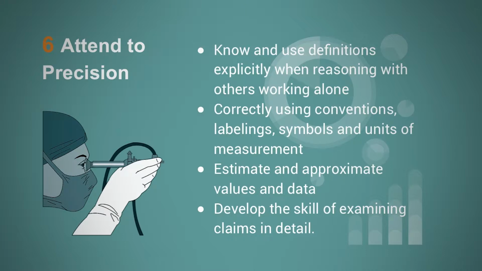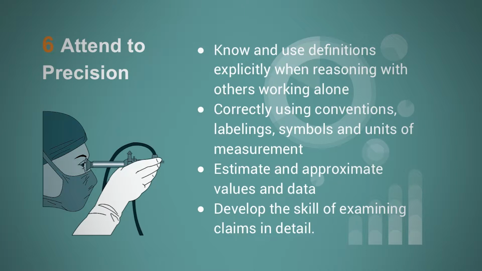The 6th standard deals with attending to precision. So think of a surgeon or a dentist or some job that requires doing things carefully with precision. In the context of mathematics, it means know and use definitions explicitly, like you know explicitly that you're using them when reasoning with others or working alone.